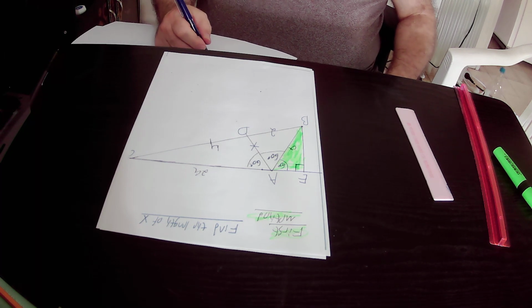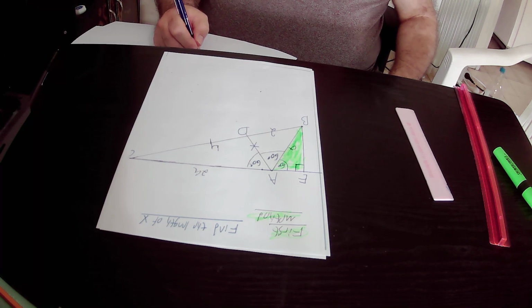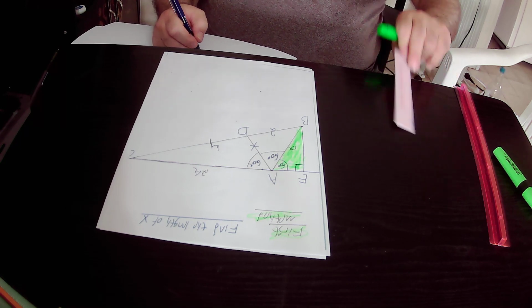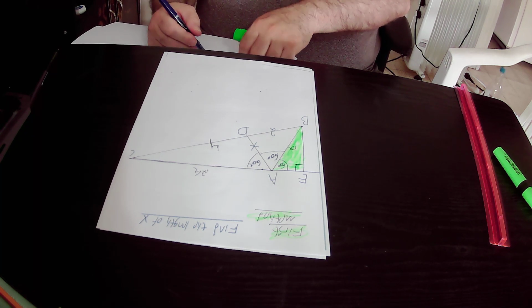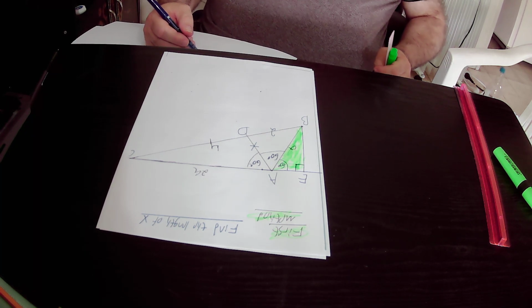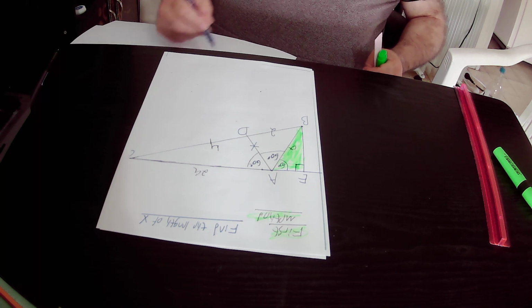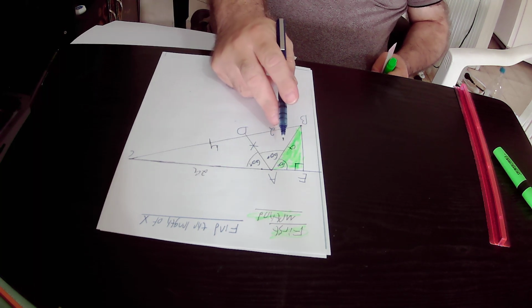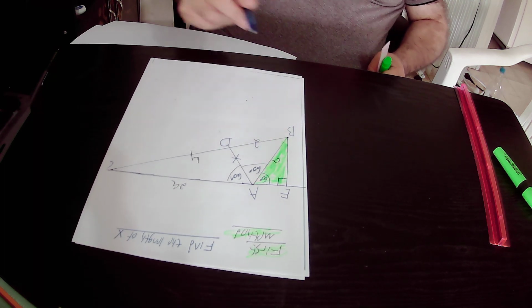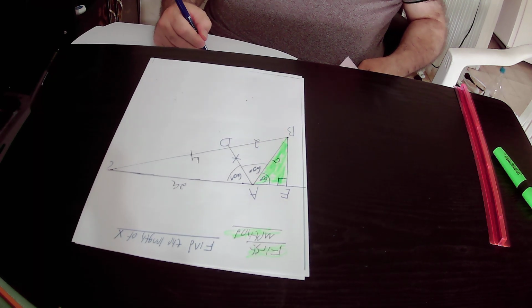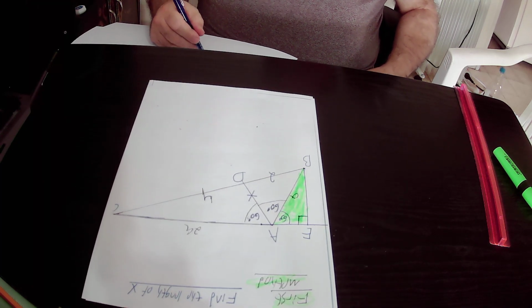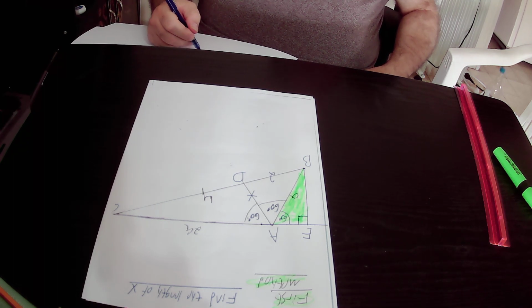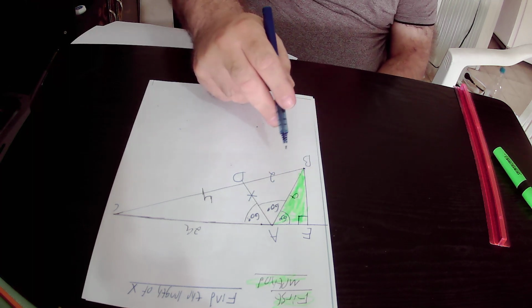In the green right triangle, triangle EAB, we know that this angle equals 60 degrees. Cosine 60 degrees equals EA over BA.